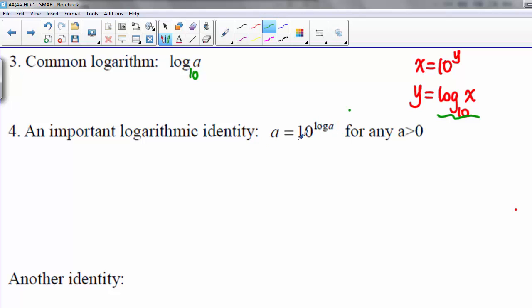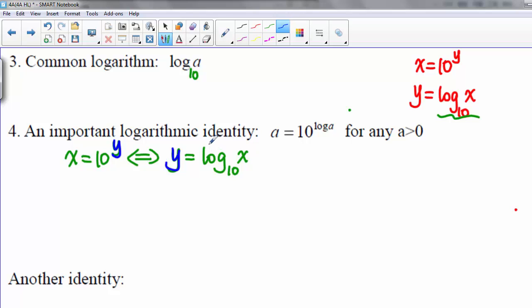How did people discover this one? We know x is 10 to the power y. This form is mathematically identical to y equals log x base 10. And we need to realize this y is the same as this y.